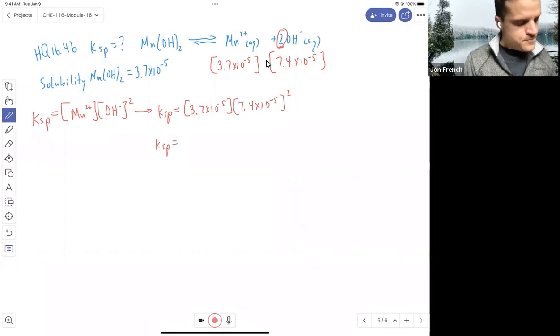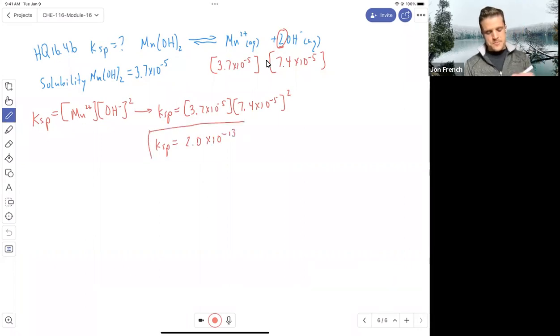So 7.4 times 10 to the minus 5, square that, and I multiply that by 3.7 times 10 to the minus 5. And I get approximately 2.0 times 10 to the minus 13 for that Ksp.